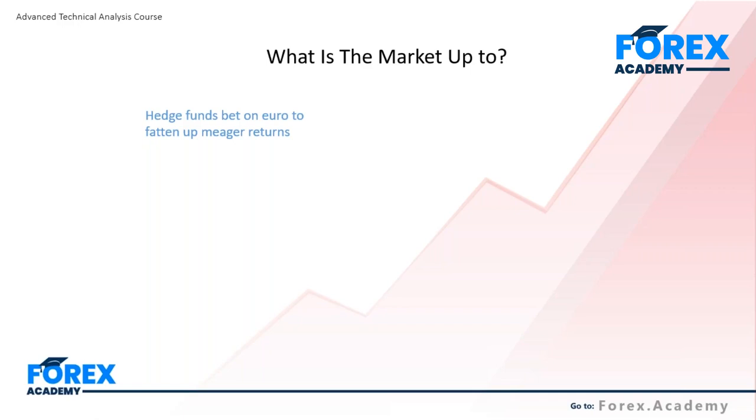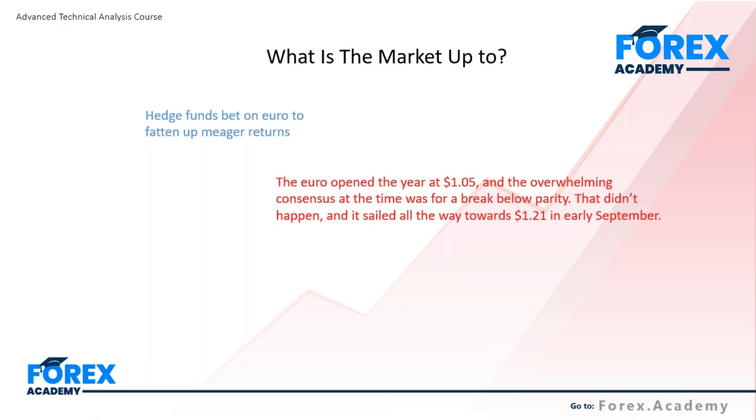You might come across another headline that states, rather, the euro opened the year at 105, and the overwhelming consensus at the time was for a break below parity. That didn't happen, and it sailed all the way towards 121 in early September. Now, this is a relatively recent market condition, and this refers to the beginning of trading in 2017. At the start of 2017, the euro was trading quite low, or quite weak.